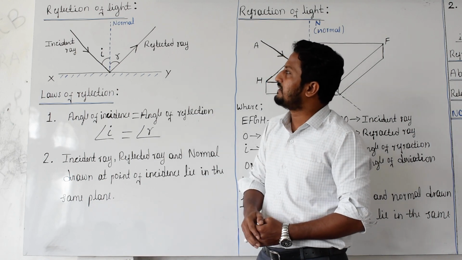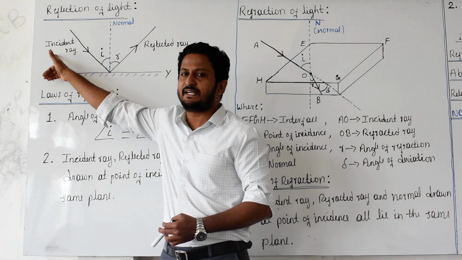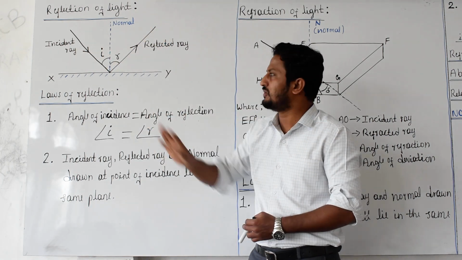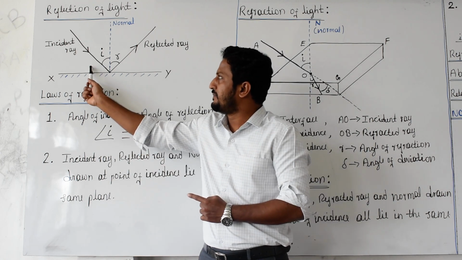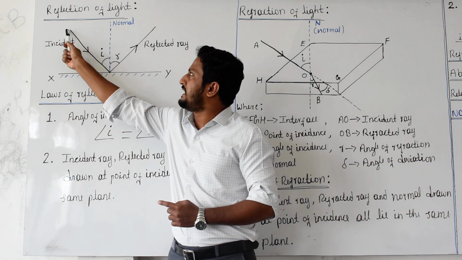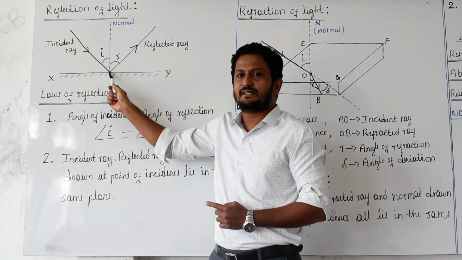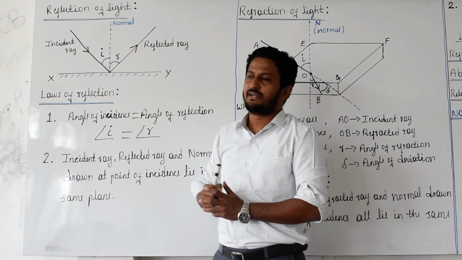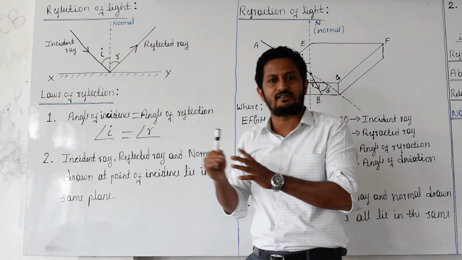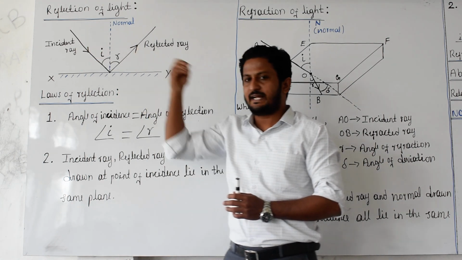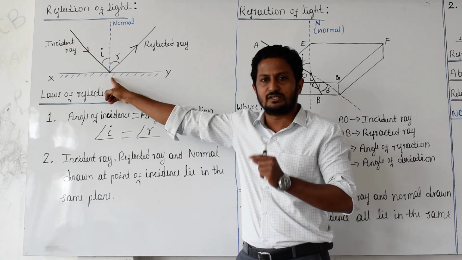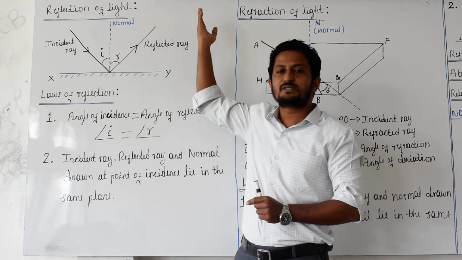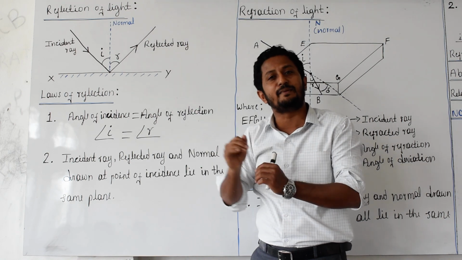Here I have marked the incident light ray and the reflected light ray. Just look at this diagram. This light ray is coming and it is going to hit the interface. It is going to strike that surface. When the light is incident on this surface, the surface bounces that light back into the same medium.